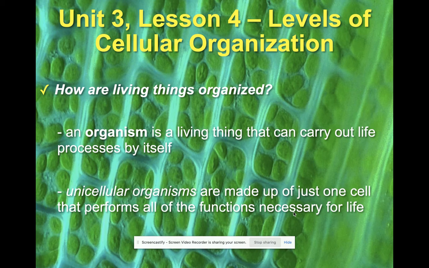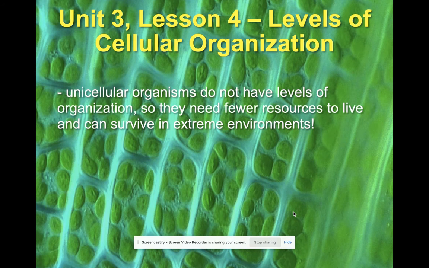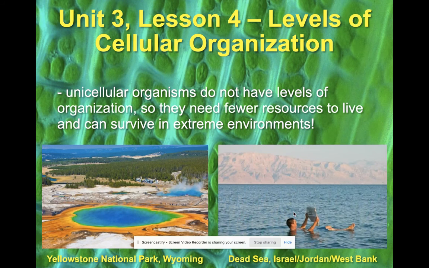And in that cell, all the functions necessary for life happen. Unicellular organisms do not have levels of organization like plants and animals. So they need fewer resources to live and can survive in extreme environments.